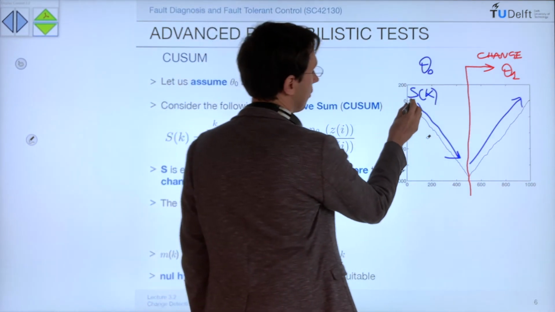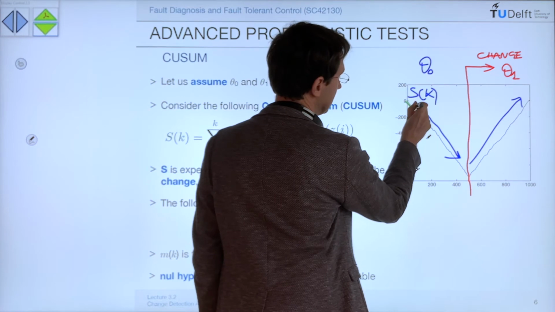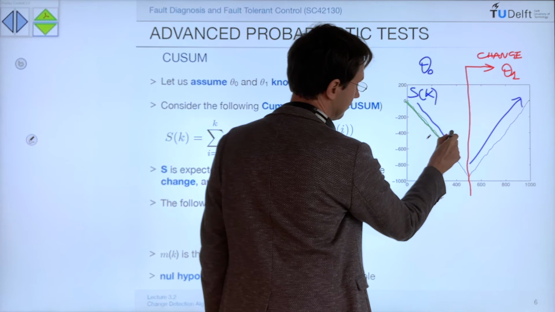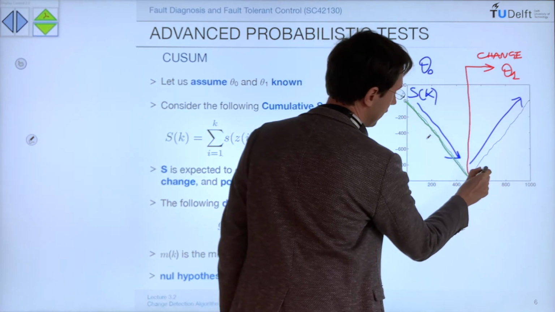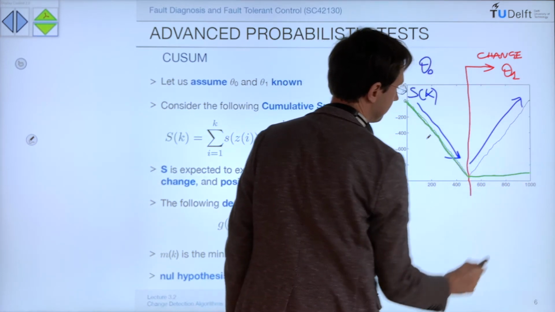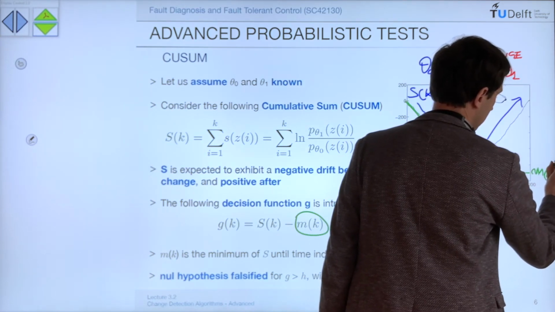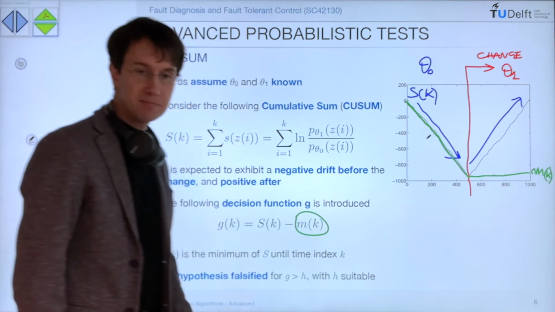So when we go down, S and m most of the time are the same. But after a change, m will stay constant, while S will increase.